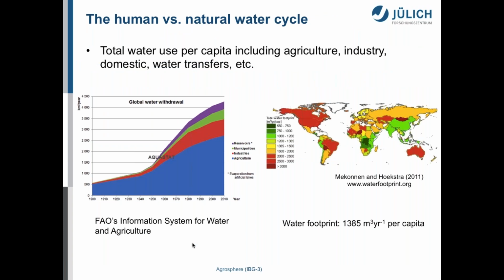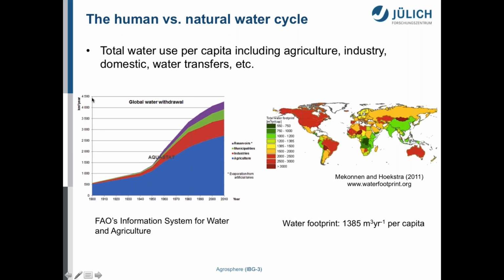Okay, so is it really significant? I mean, is human water use really significant? So what I was looking at recently is just global water withdrawals from the information system for water and agriculture from FAO. And what you see here is, on the x-axis, the timeline from the 1900s to 2010.